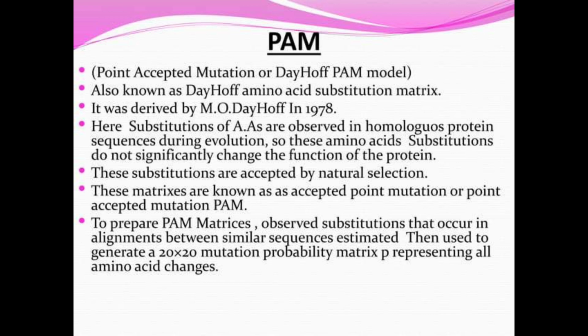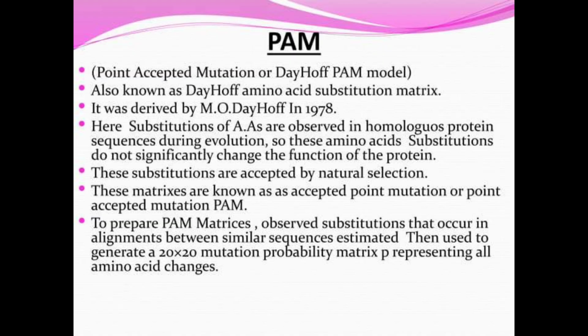And PAM is point accepted mutation, which was created by Dayhoff. She was a lady. She derived an amino acid substitution matrix where she compared homologous protein sequences during evolution, to see how these substitutions do not cause significant changes in the function of the protein.